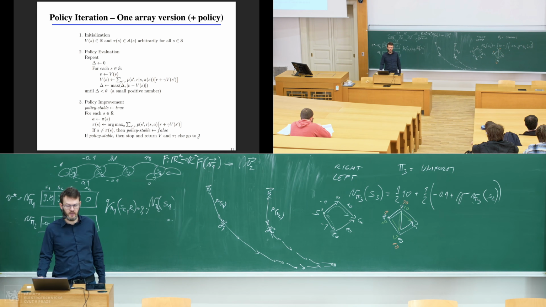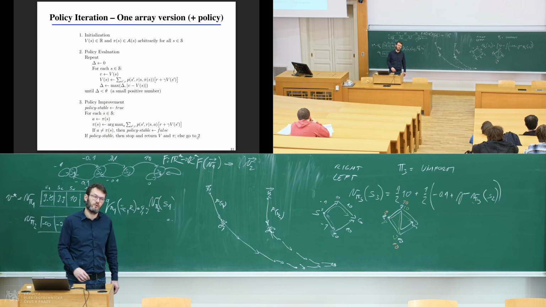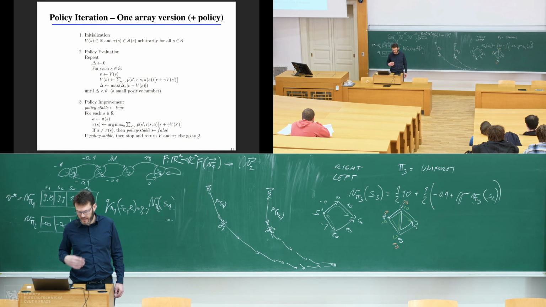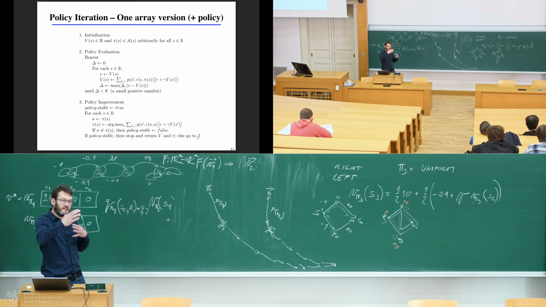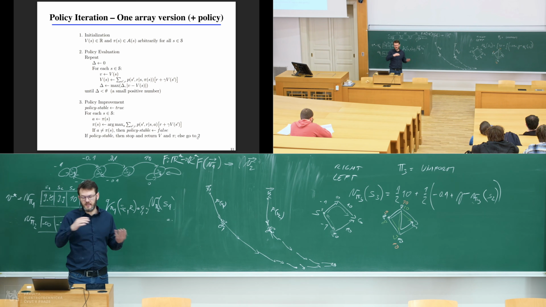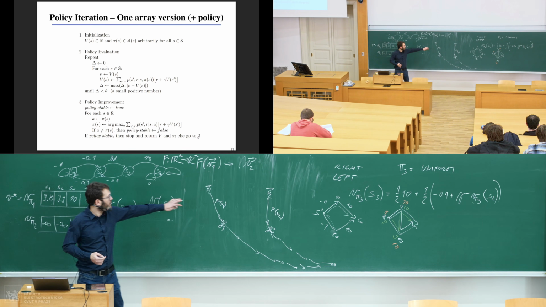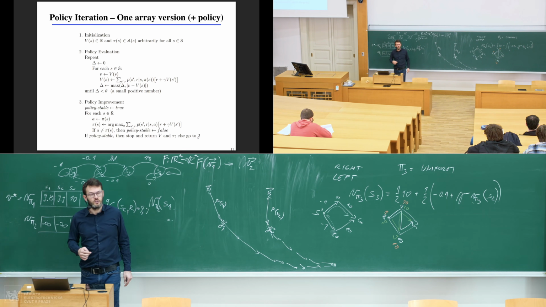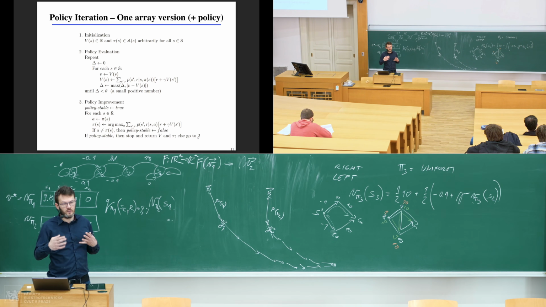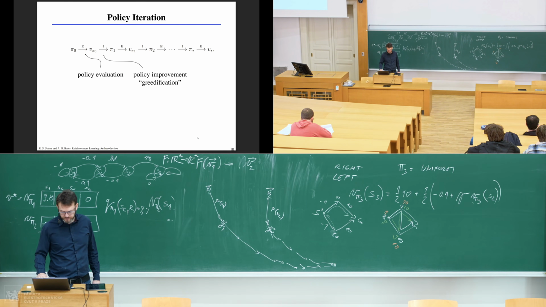And in that case, you are done, and you have found the optimal solution for the MDP. And the fact that improvement and evaluation converge can be proven by showing that both those operators are contractions and will converge to something fixed.